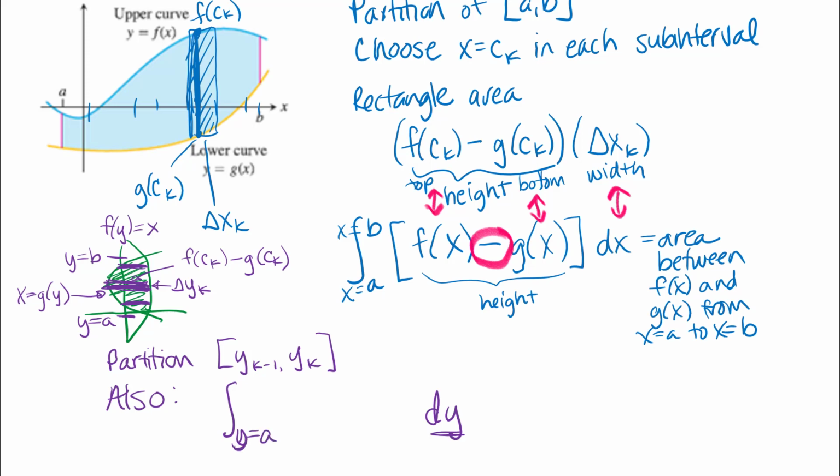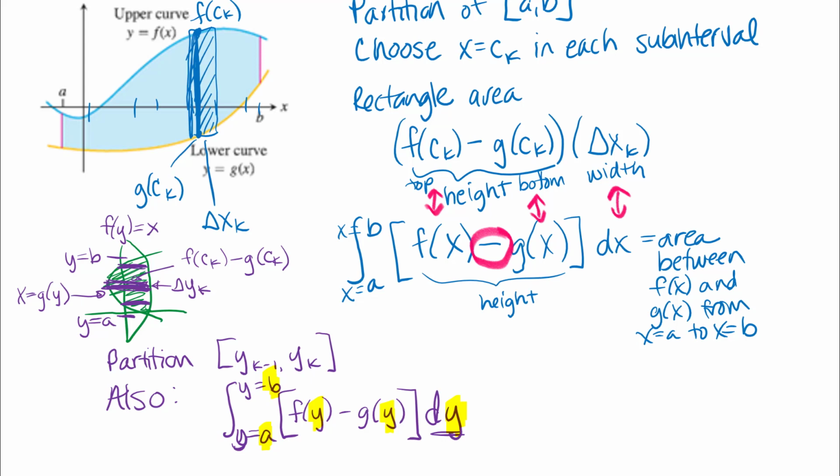So my limits of integration would be those y values, and then my functions that define the width of the rectangle are going to be in terms of y values, f of y minus g of y. So everything here is in terms of y. If I have dy at the end, then all of my function equations need to be given in terms of y, and my limits of integration need to be given in terms of y as well.